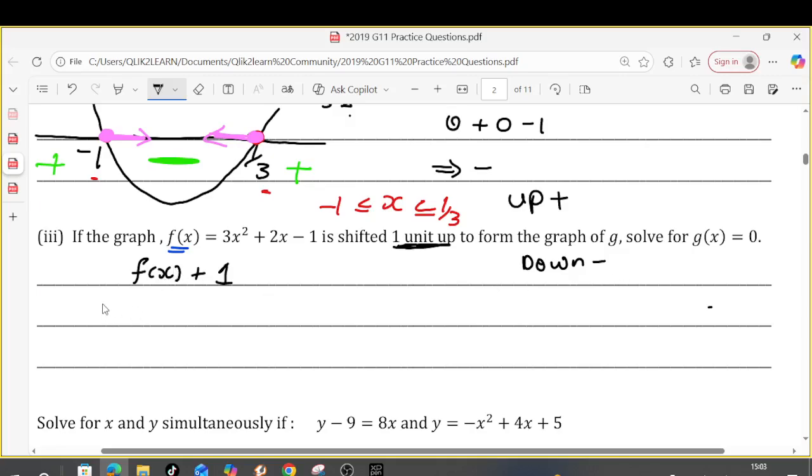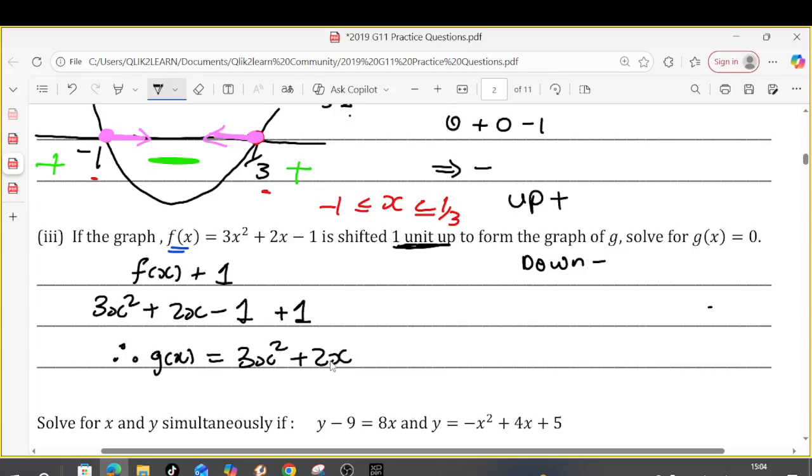Now, what is your f at x? It's 3x squared plus 2x minus 1. So we take the minus 1 and add that 1. Minus 1 plus 1 is just 0. Therefore, g at x is equal to 3x squared plus 2x.